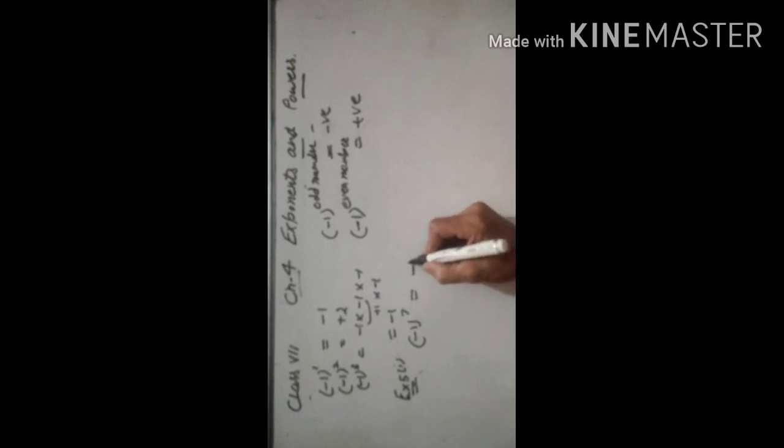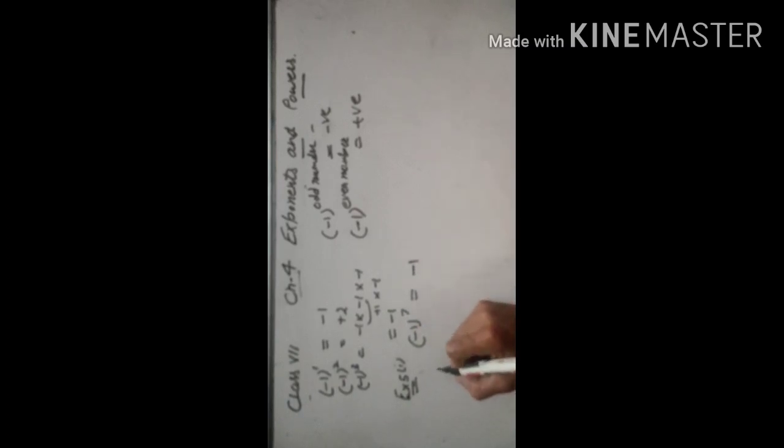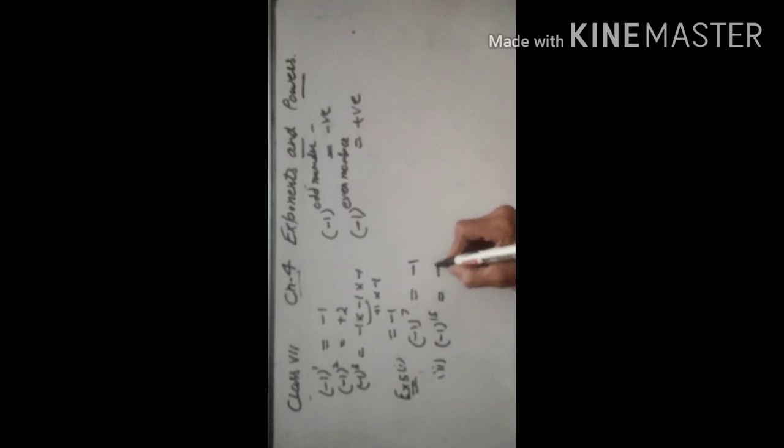Odd power means the answer is minus 1. Next is minus 1 to the power 15. 15 is also an odd number, the answer is minus 1. Third part is minus 1 to the power 100. 100 is an even number, so the answer is plus 1.